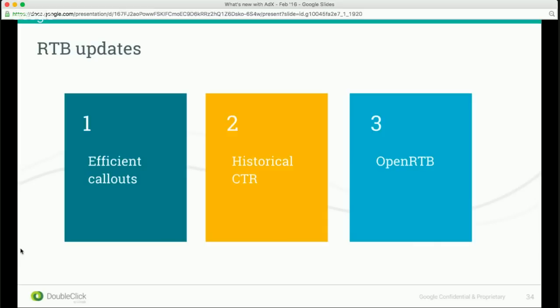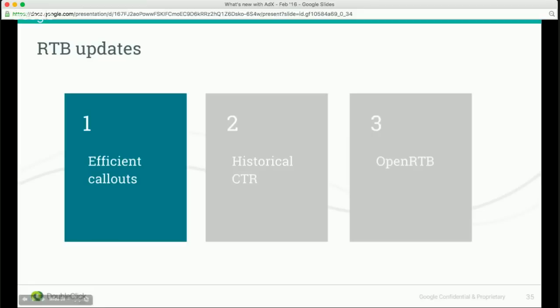We'll get into that. And then finally, OpenRTB. We've supported OpenRTB in a couple different ways over the years, but we're now formally supporting it, and you can get just straight up OpenRTB callouts directly from us without needing to use a converter on your side. So we'll talk about that a little bit at the end.